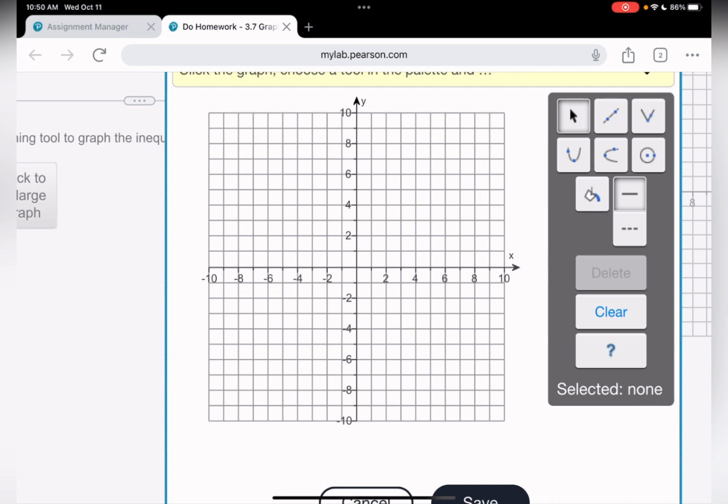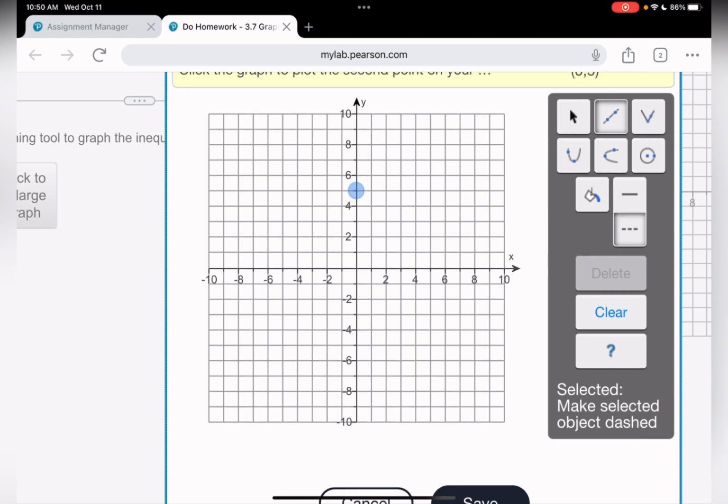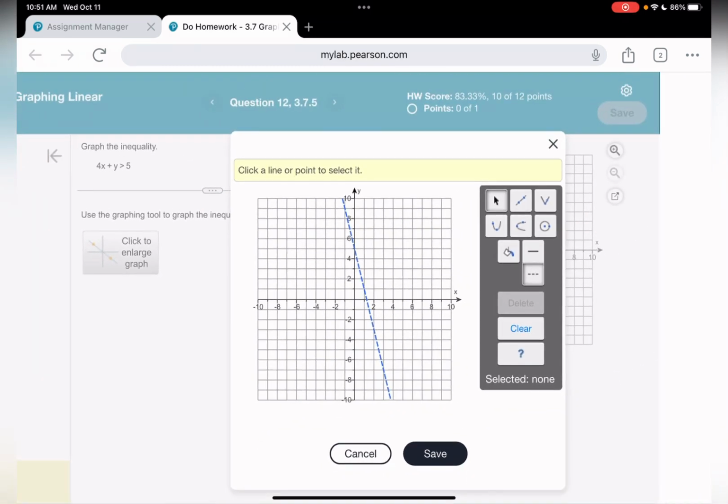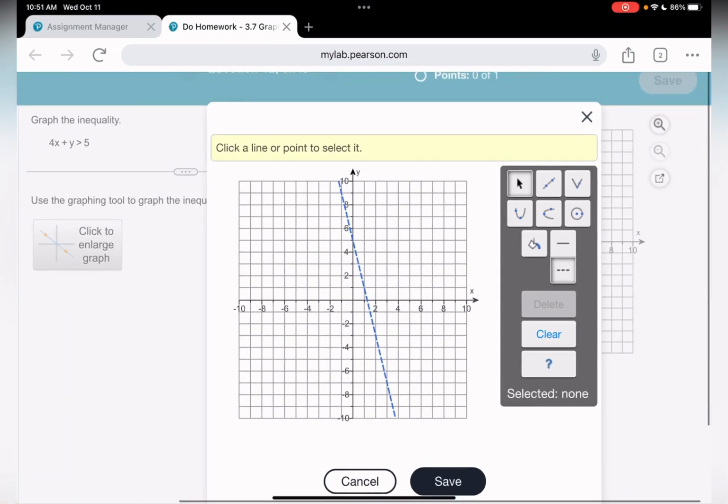Okay, starting with 5, and we don't have an equal sign, so it's going to be dashed. With 5, going down by 4, it's going to be 1, and positive towards the right, positive 1. There we go, and we have dashes. And let's see which point we take.